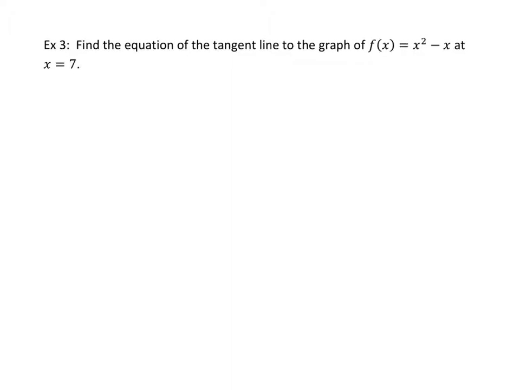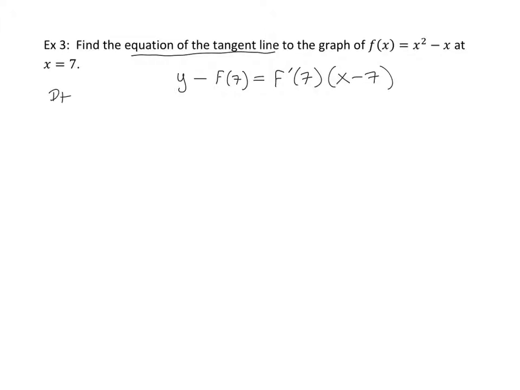So let's use the definition on the previous page to find the equation of the tangent line to the graph f of x equals x squared minus x at x equals 7. Remember, the equation of the tangent line has this form: y minus the y coordinate of the point, which I'll indicate as f of 7, equals the slope, the derivative at 7, times x minus 7.